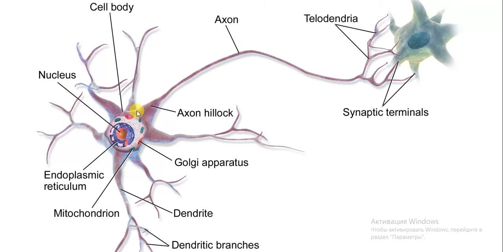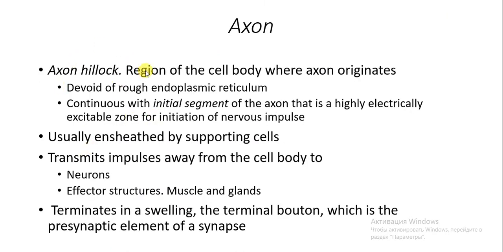Axon hillock is an outgrowth of cytoplasm. It's a region of the cell body where the axon originates. It's devoid of rough endoplasmic reticulum, so you see no Nissl substance in the axon hillock, and it continues with the initial segment of the axon, which is a highly electrically excitable zone for initiation of the nervous impulse.